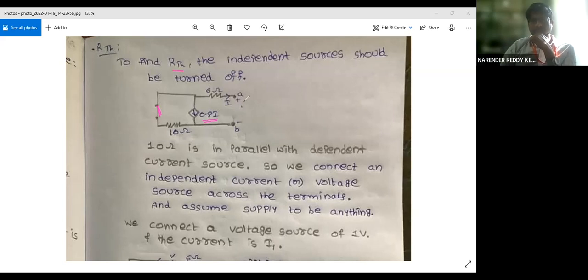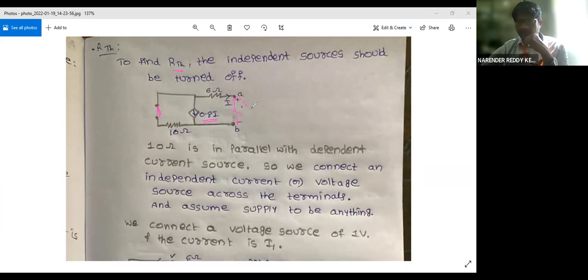So how can you find the equivalent resistance here? The only method we have is to assume some source across A and B, because all we want is the value of equivalent resistance, RAB.